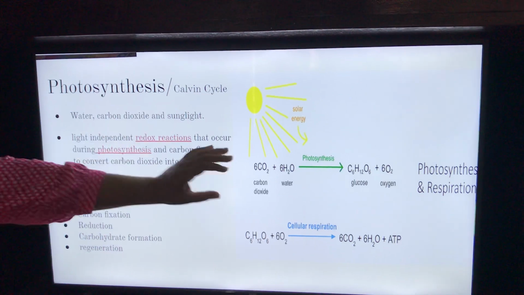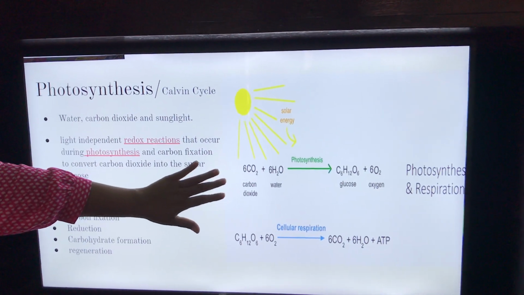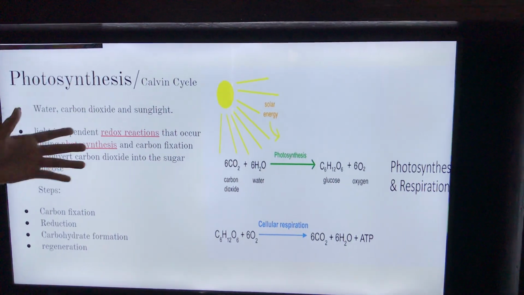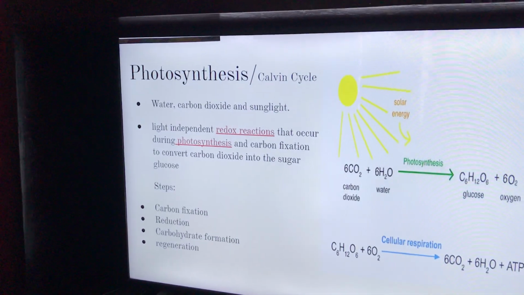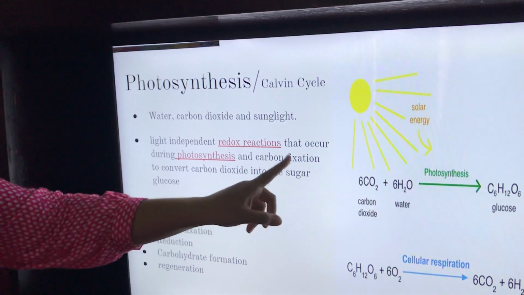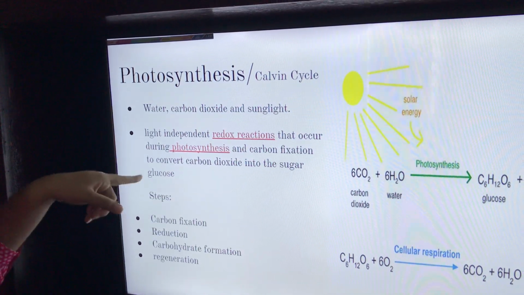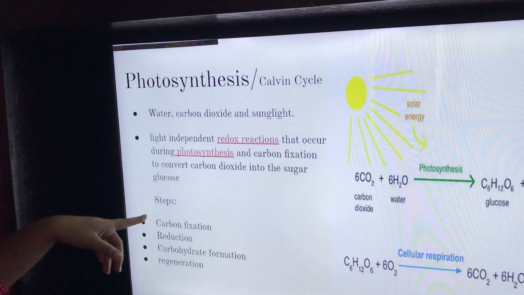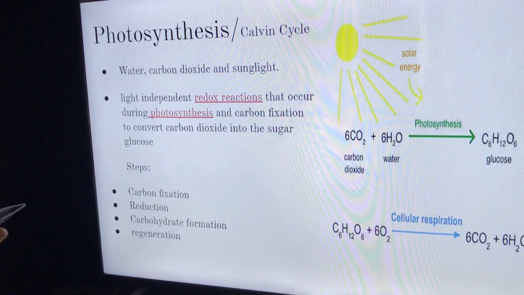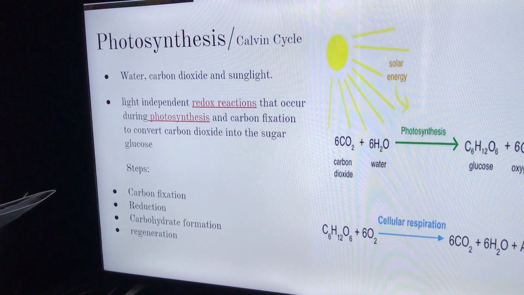Within this process, we will be focusing on the Calvin cycle, because the Calvin cycle is where carbon dioxide is fixed into sugars, which is the glucose that the plant uses. The steps of the Calvin cycle are carbon dioxide reduction, carbohydrate formation, and regeneration.